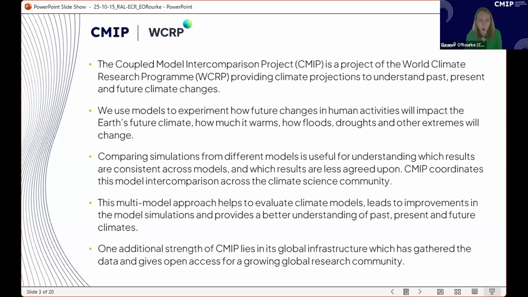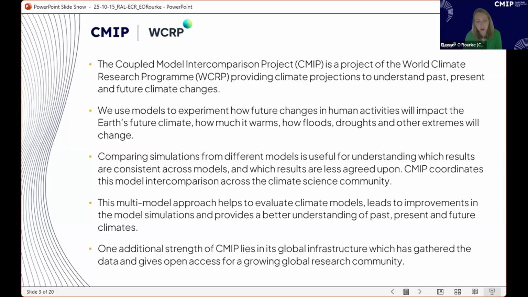So CMIP is what coordinates this model intercomparison. So having all of the modelling centres run the same experiments with their different models. Having this multi-model approach really helps us to evaluate the climate models. So it helps improve the simulations and drive the model development, and also gives us that better understanding of the past, the present, and the future.